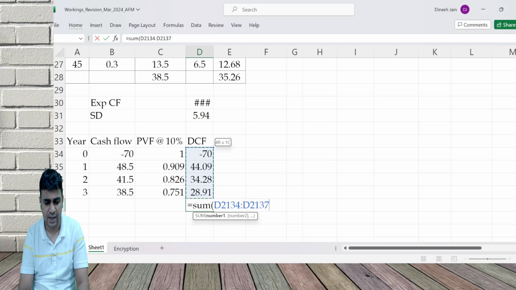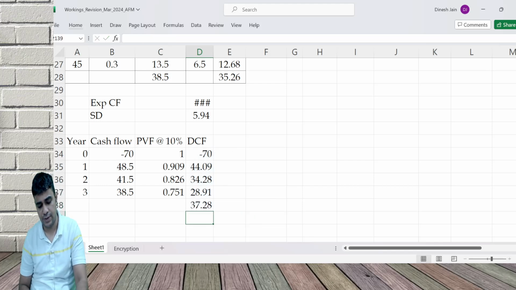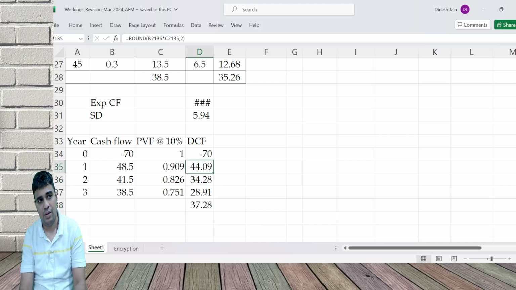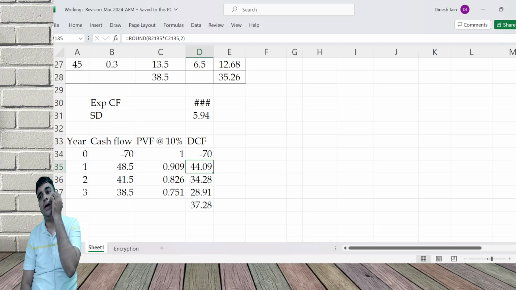I will consistently follow approach 2 only in most of the questions. Rarely I'll get into approach 1. Till now only one problem we did approach 1 because the NPV was directly given in that question.